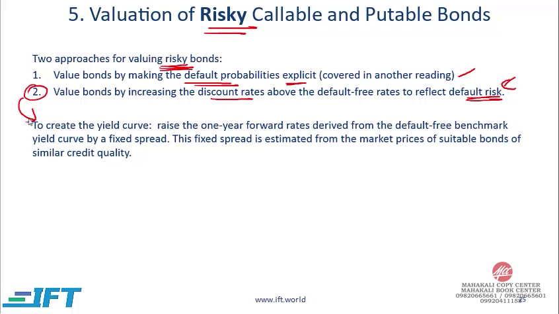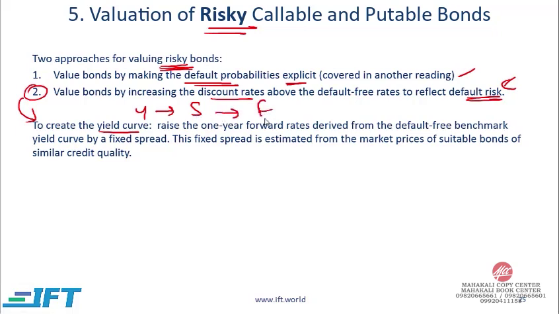Elaborating on this second method now, we've talked earlier about the yield curve based on government bonds, or in the US context, the yield curve based on treasuries. Now that's the yield curve assuming no default risk. And based on the yields, we talked about coming up with the spot rates and the forward rates.